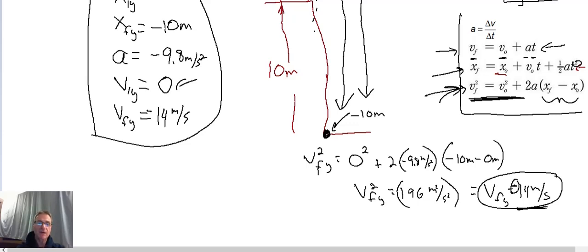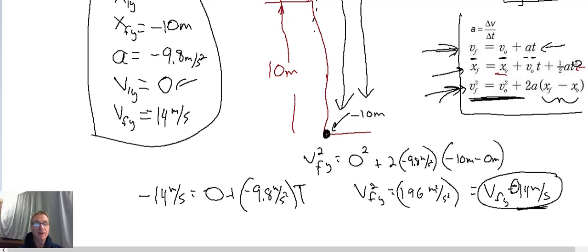So v final equals v initial plus at. Well, v final is negative 14 meters per second equals v initial, which is 0, plus at. Well, a is negative 9.8 meters per second squared times t.